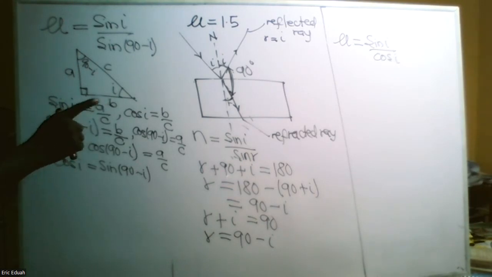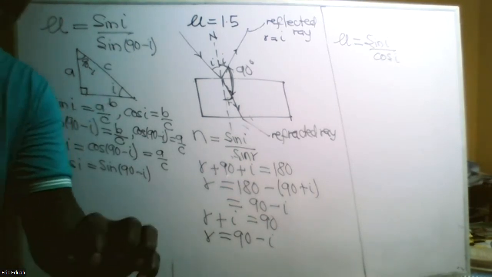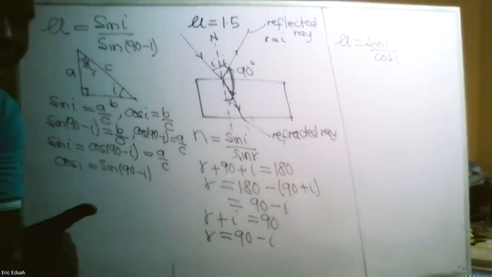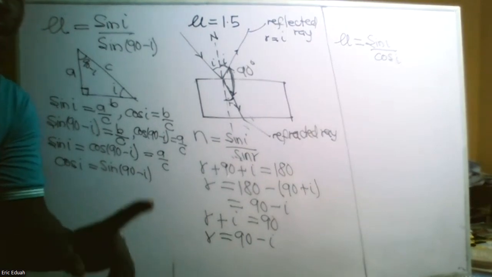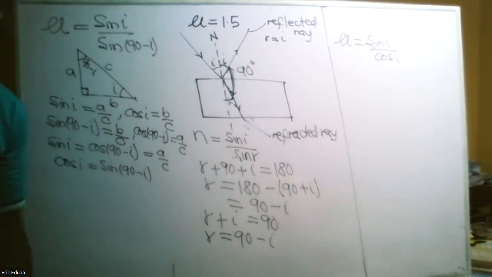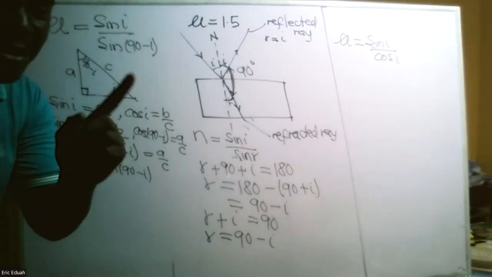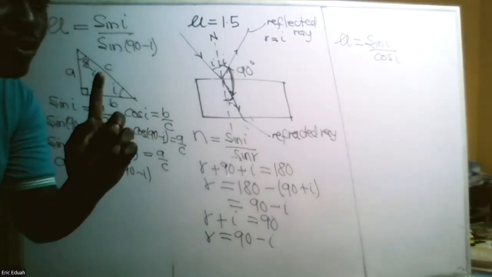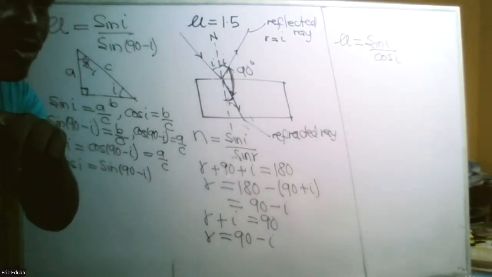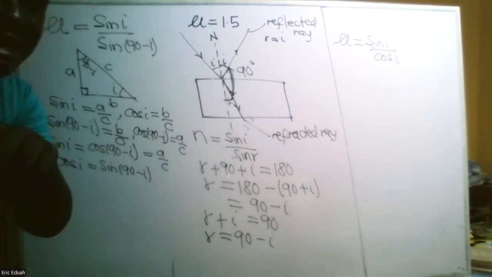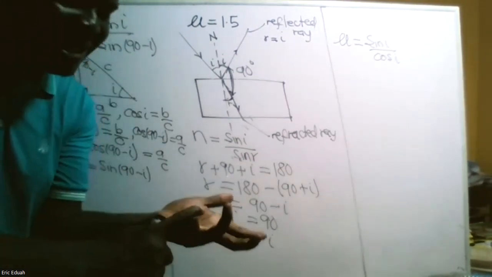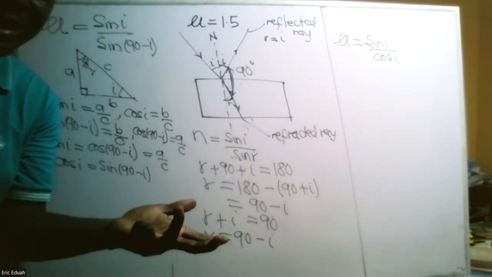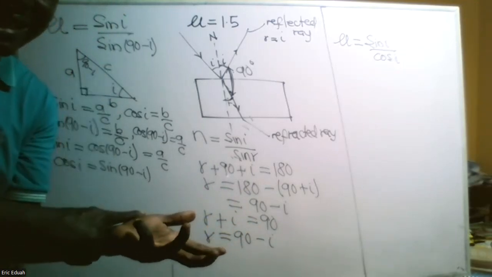Without punching, I could easily tell you that sine 30 must be equal to cos 60, because once I is 30, the other angle is 90 minus 30, which is 60.